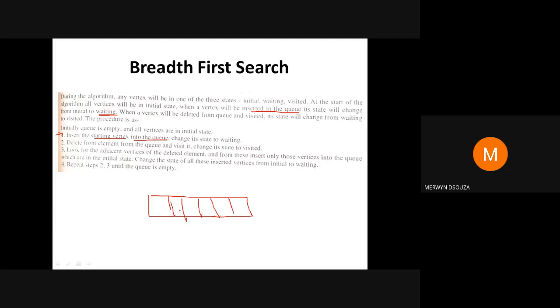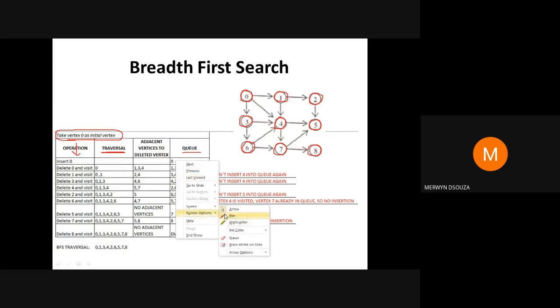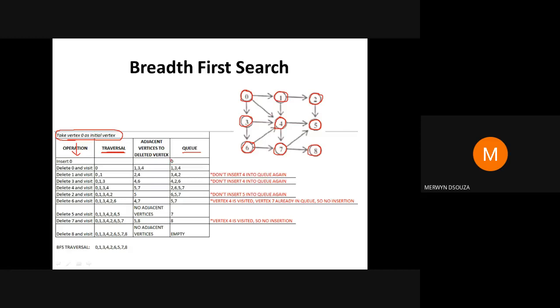In this slide we're not going to show it in the form of an array, but it's understood. The front and rear pointers are also not going to be shown, but it is understood that this is a queue, the first element is pointed to by front, and the last element is pointed to by rear.